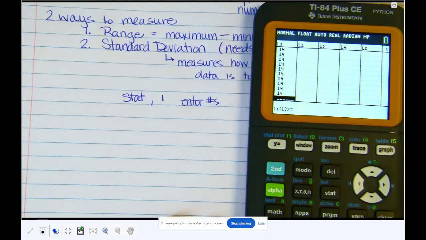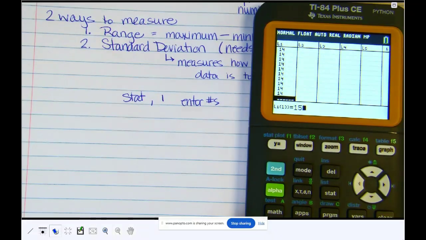Here's a little clue for you. Do you see that the bottom of mine says L113? That means the number I'm sitting on is the 13th one, which means I have 12 in there. That's what we want. Then you're going to type in 8 15s.